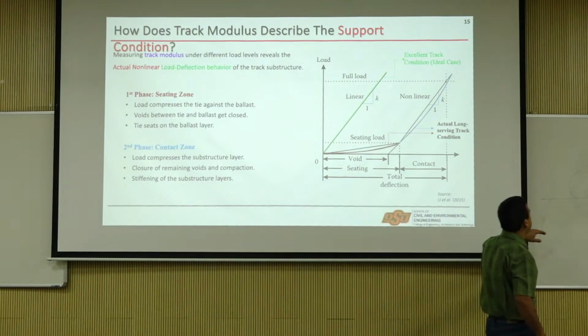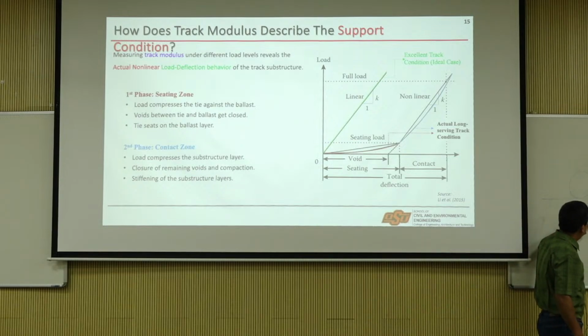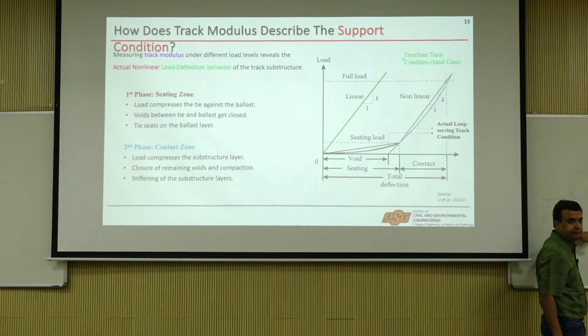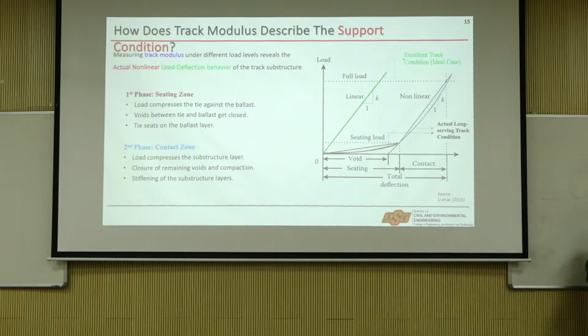at the very beginning, if there is loss of contact, like a hanging tie, then the track will go down, but there is no resisting force. So you will have a deflection that is kind of flat. Only deflection increasing, but load is not increasing, and then it will pick up.